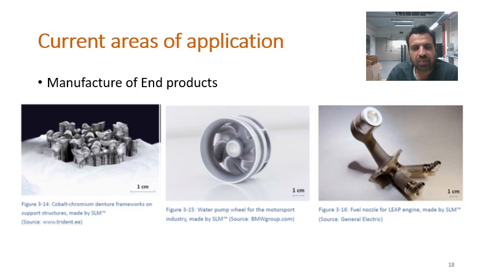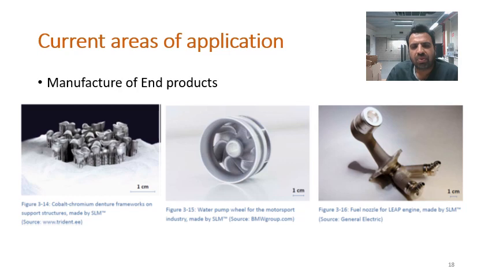For example, in the medical industry, cobalt chromium and Ti64 denture frameworks and superstructures are one example where end user medical devices are produced based on customized designs.